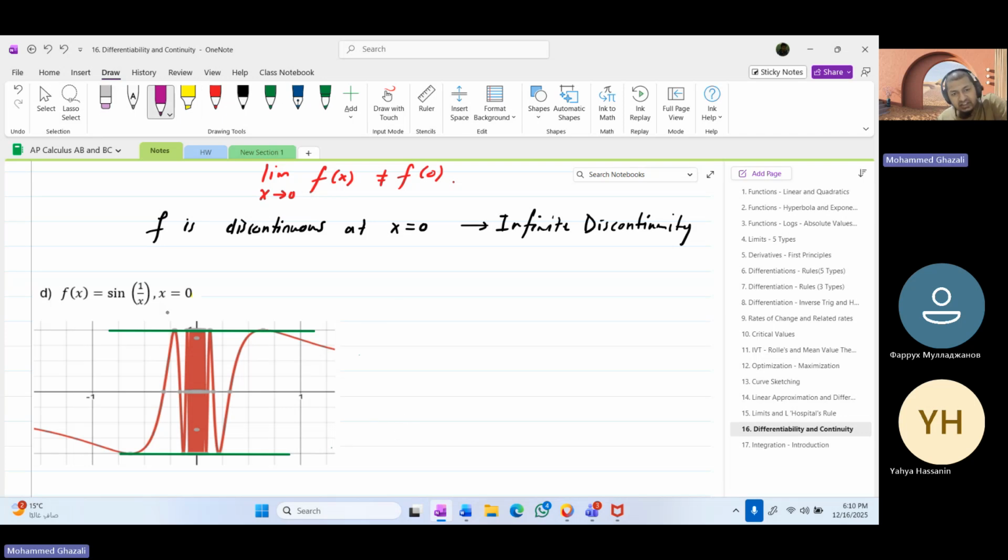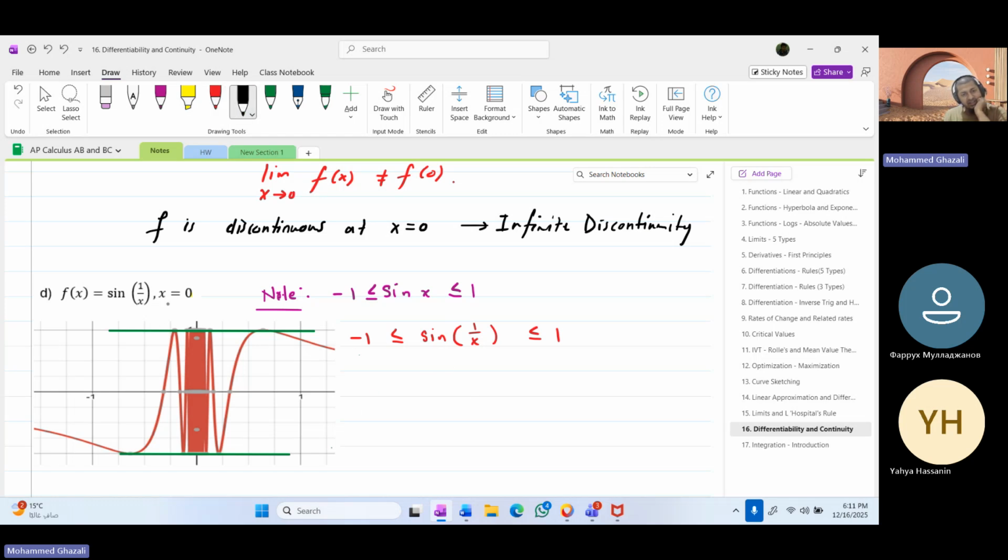So if you try the squeeze theorem here, remember sine x is between -1 and 1. Now, what about sine 1 over x? It is also between -1 and 1, because all I'm doing is not changing the amplitude, I'm just changing the period. If you change the period, then the values will still remain between -1 and 1.